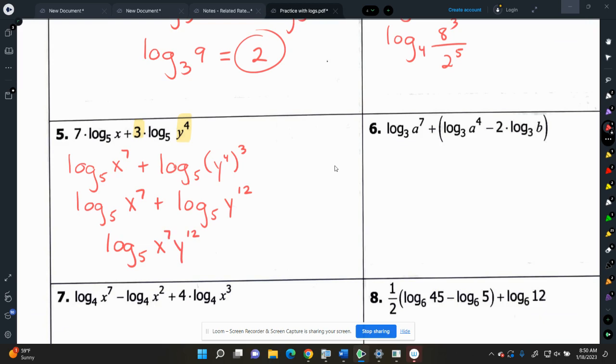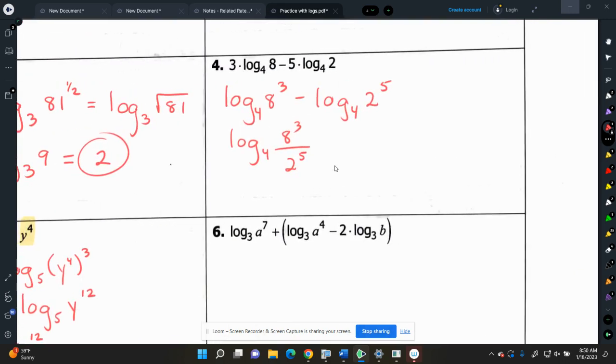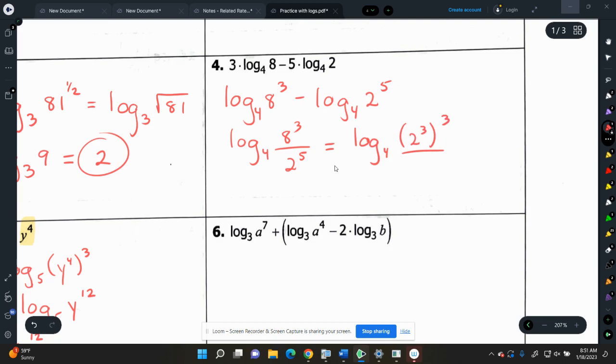Yes. I just have a question for the last one. So you want us to just leave it like that and not simplify it all the way down? You mean number 4? Yeah, because we could turn 8 into 2 to the third and then divide it all and then simplify it. Oh, good observation. Yes, I do want you to go further with that. 8 is 2 to the third over 2 to the fifth.